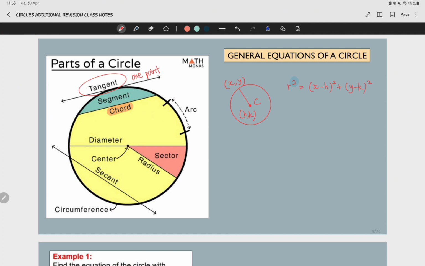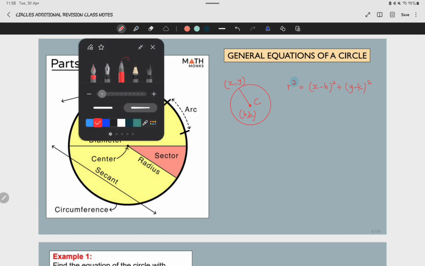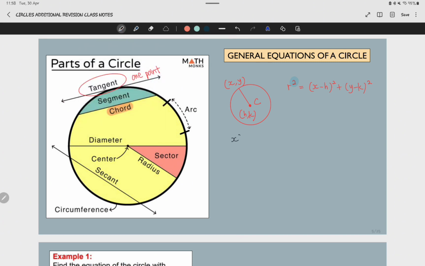Okay, so what about another general equation that we have learned, with x squared plus y squared? Now you need to know this one. We have another general equation of a circle, which is x squared plus y squared plus 2gx plus 2fy plus c equals 0.